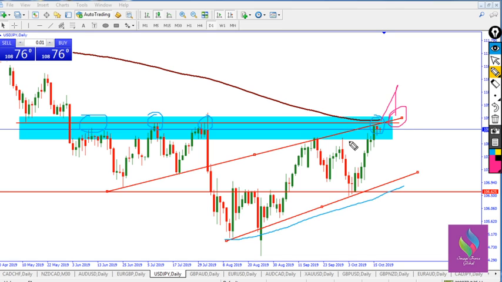But if we can't see that, we'll look for a very nice entry. We might wait a little bit before we get into the market for a pullback into this region before we strike it back up. So so far so good.